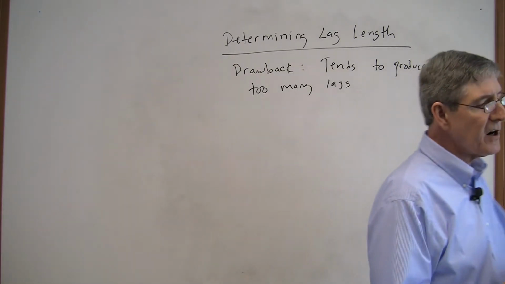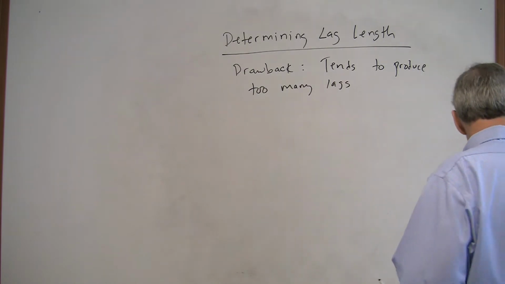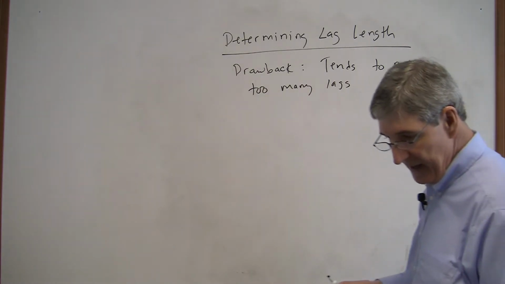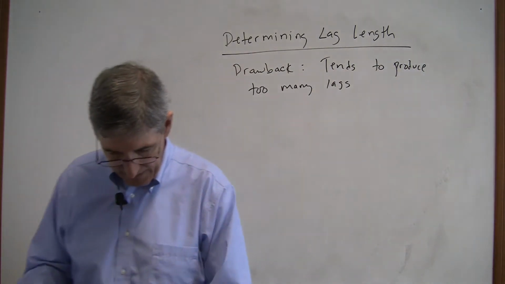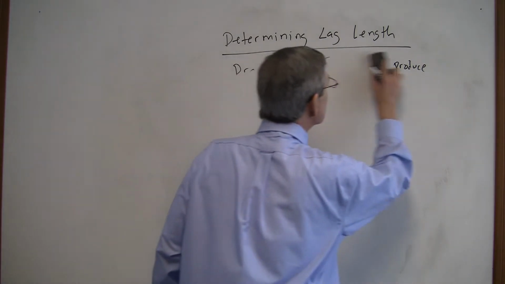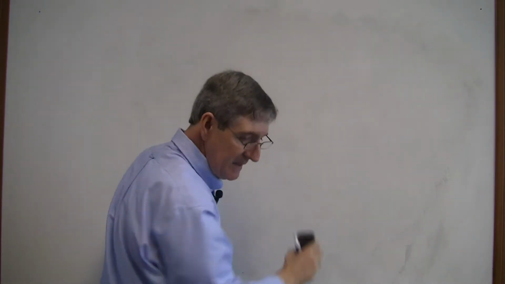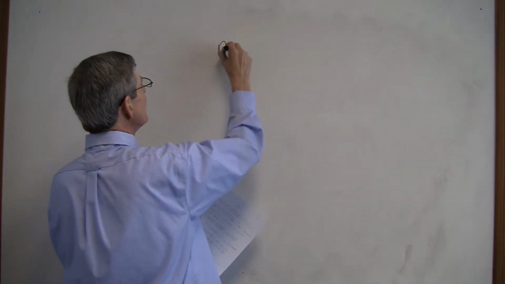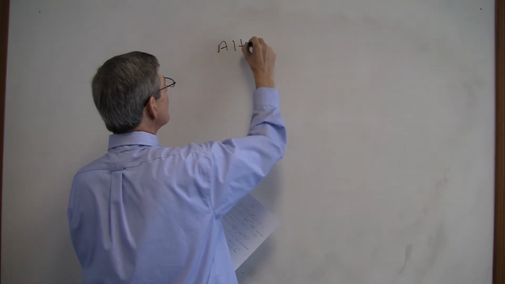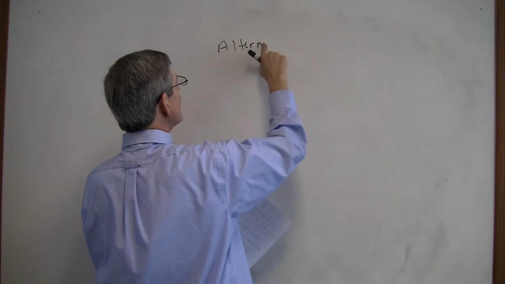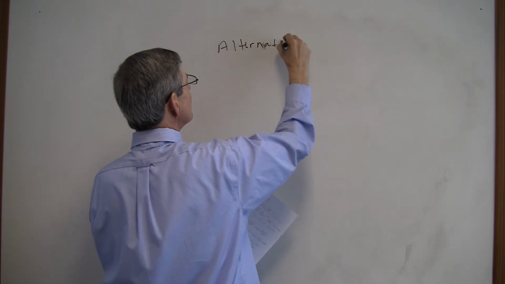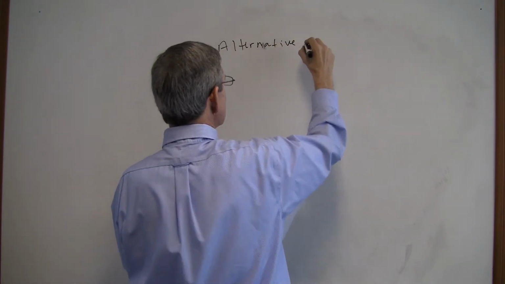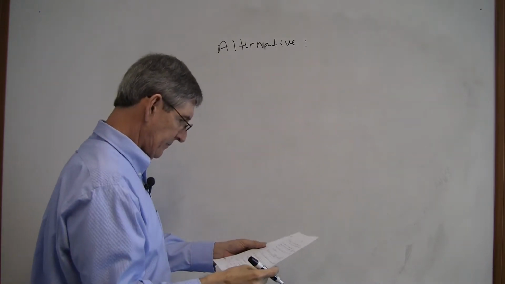So there's 2 alternatives to this called the BIC and the AIC that we'll look at next. These are the ones that most people in macro use, particularly the AIC. So an alternative are these information criterion approaches.